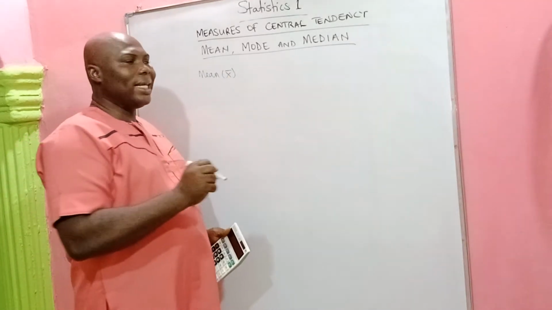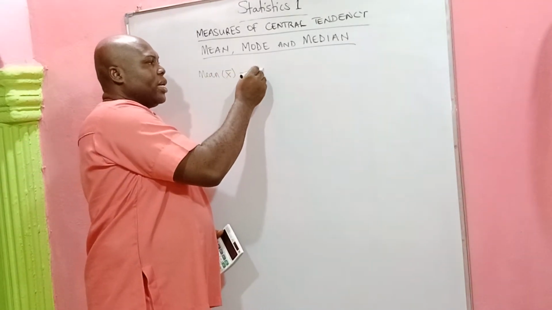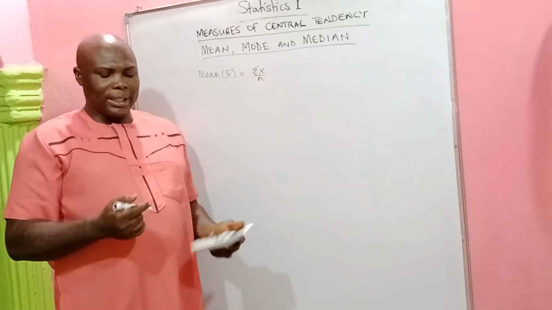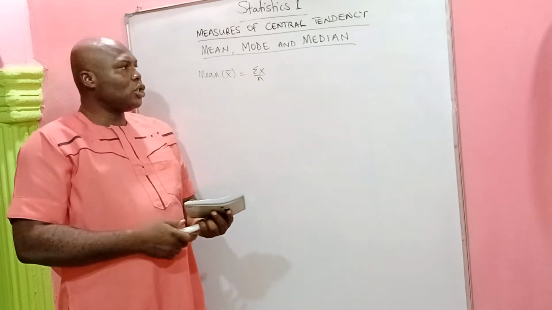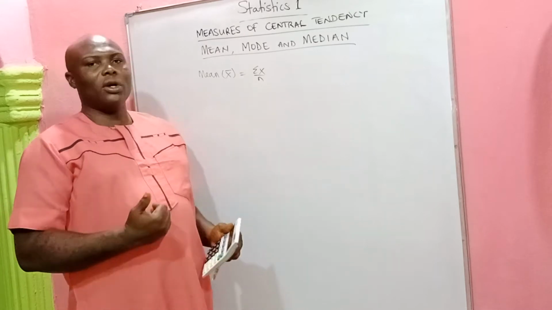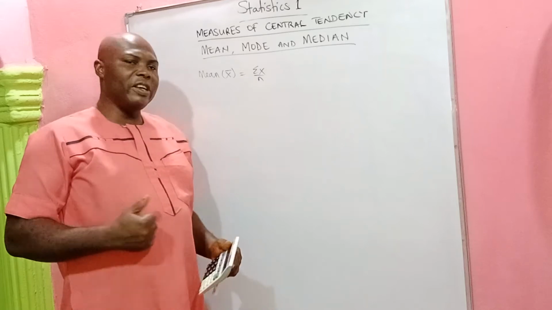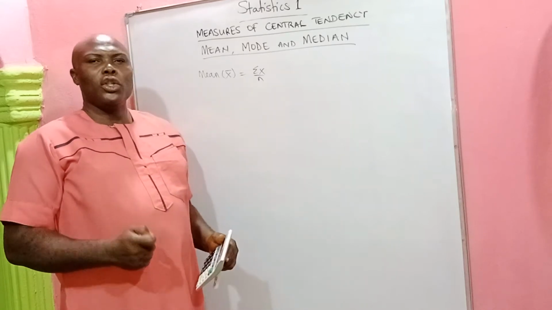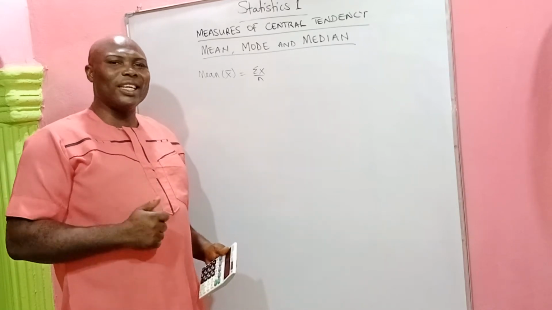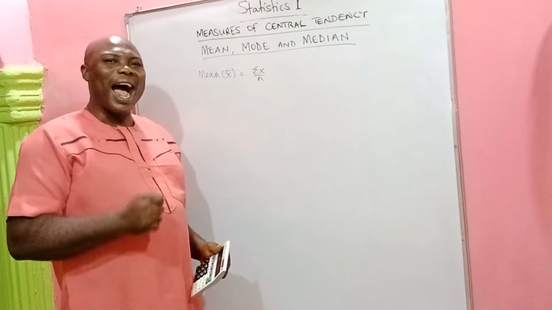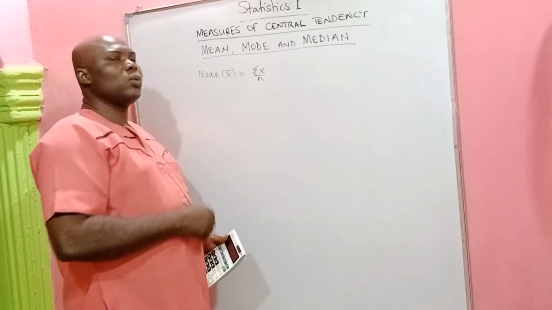So for raw data, the mean is always summation x all over n. But for a frequency distribution, we have summation fx all over summation f. Now the mode of a given distribution is the observation that has the highest occurrence or the highest frequency. That's what the mode is.